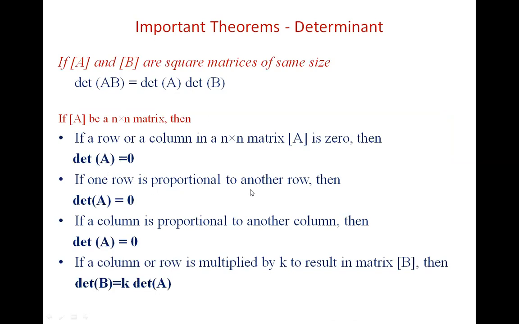If one row is proportional to another row, then again the determinant will be 0. If a column is proportional to another column, then also the determinant will be 0. If a row or column is multiplied by a constant k to result in matrix B, then the determinant of B will be simply the constant multiplied with the determinant of A.